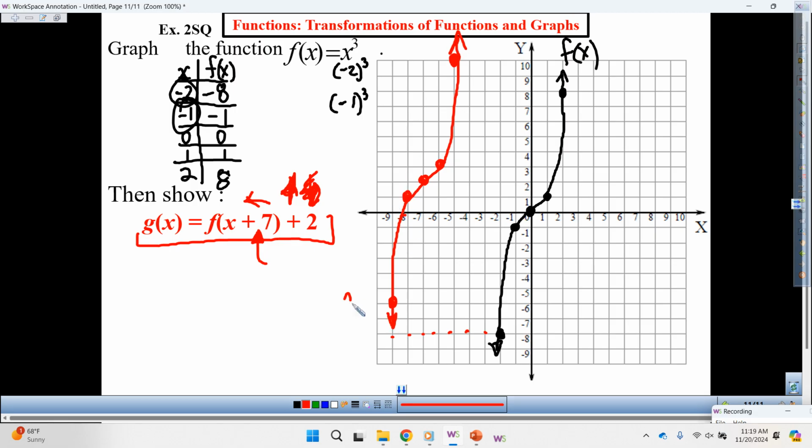And we label this g of x. All right, we good? All right, send that in, please. I want to see what you did.